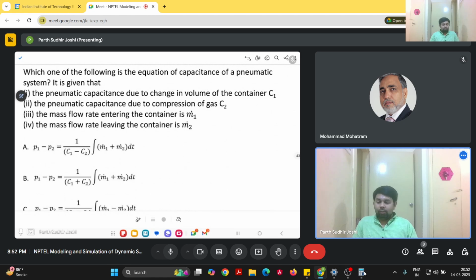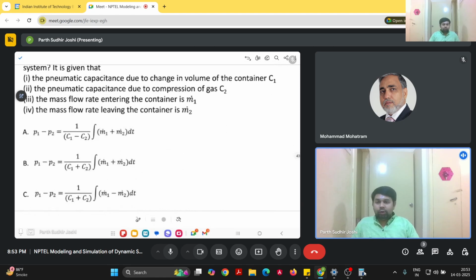It is given that the pneumatic capacitance due to change in volume of the container is C1, and because of the compression of the gas is C2, and the mass flow rate entering the container is M1 dot and leaving the container is M2 dot. So what will be the expression? Among the options, we have to find out which is the correct expression for the capacitance.